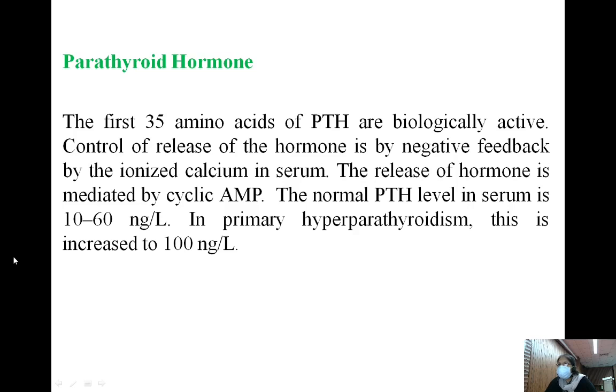It is biologically active. Release of the hormone is controlled by negative feedback by the ionized calcium in serum, and is mediated by cyclic AMP. The normal PTH level in serum is 10 to 60 nanogram per liter, very less. In primary hyperparathyroidism, this is increased up to 100 nanogram per liter.